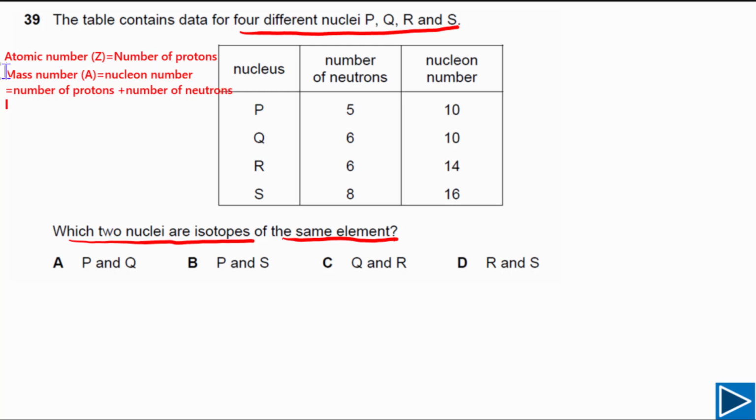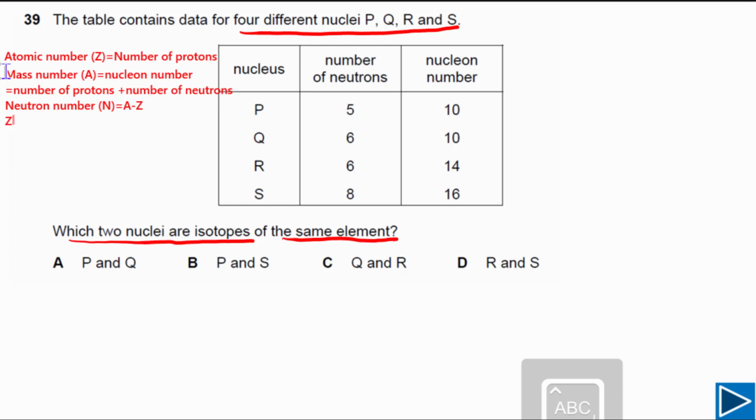Now, the symbol we use for neutron number is capital N, and this is simply equal to capital A, the mass number, minus atomic number, so that will give us the number of neutrons in the nucleus.